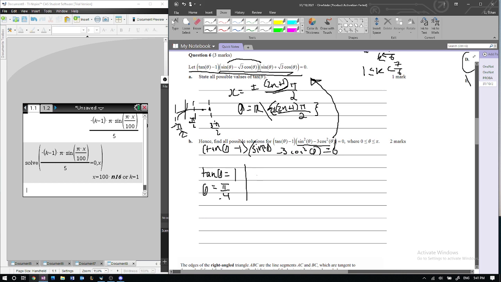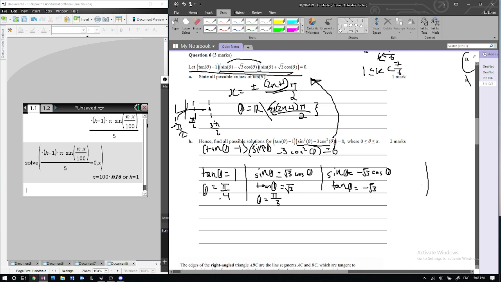And then the next one is sine theta is equal to root 3 cos theta. So that means tan theta is equal to root 3, I just divided by cos. So theta is equal to pi on 3, again with the exact values. And the next one is sine theta is equal to negative root 3 cos theta, so tan theta is equal to negative root 3.